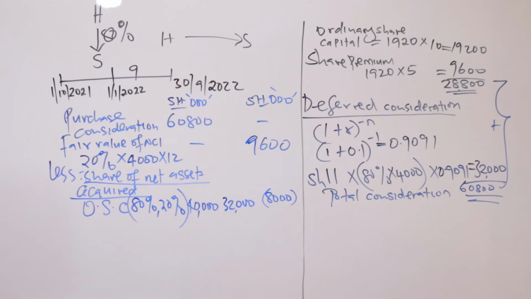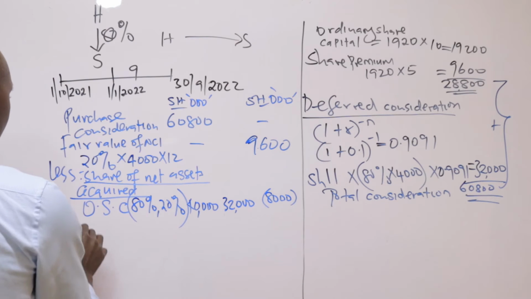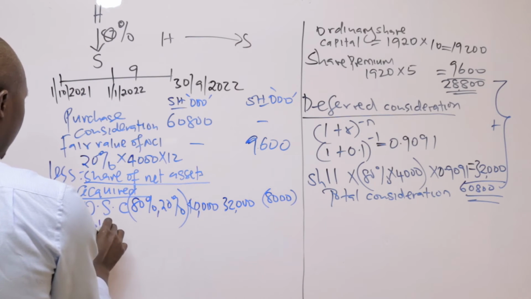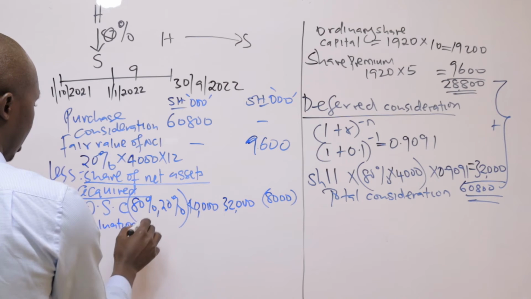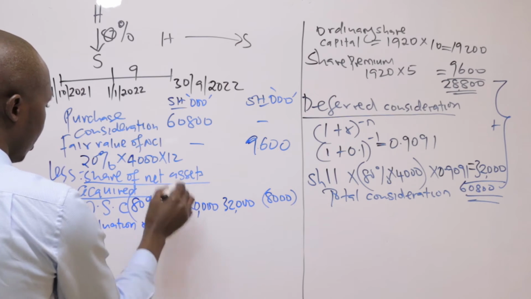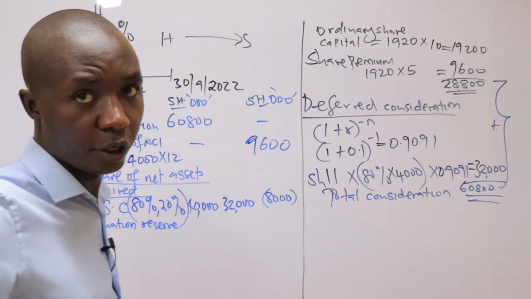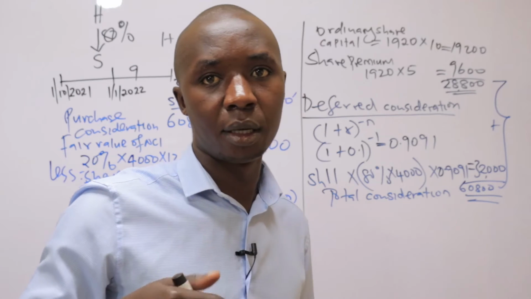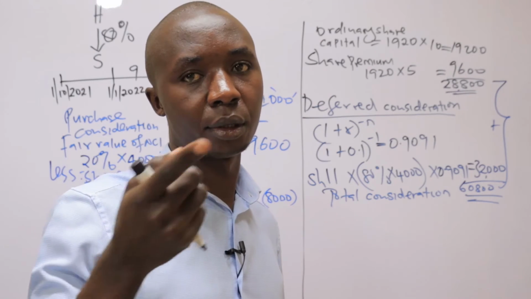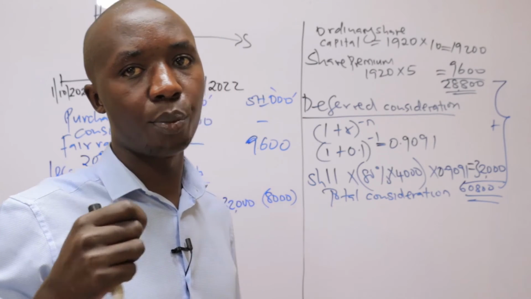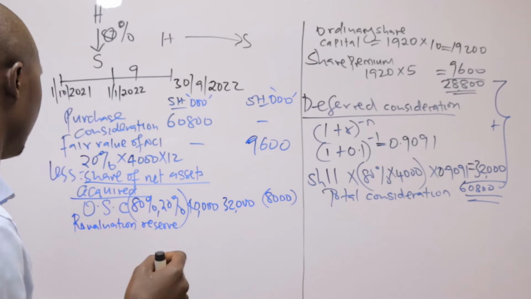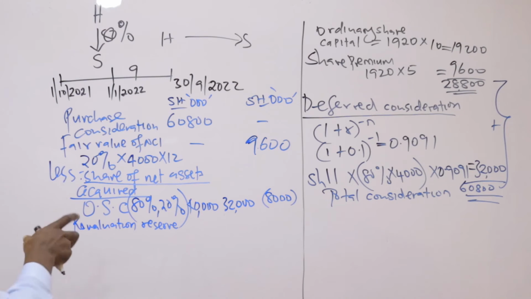Then another thing, there was a revaluation reserve. That is according to number 1. In other books, you will find that they call it a fair value uplift. So the revaluation reserve has to be as at acquisition date.